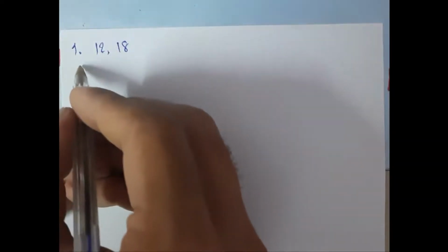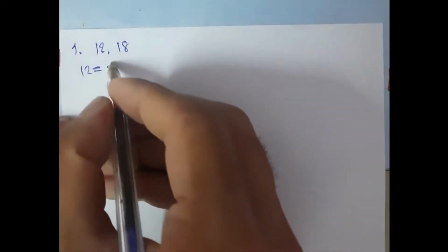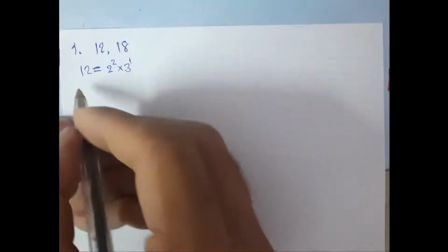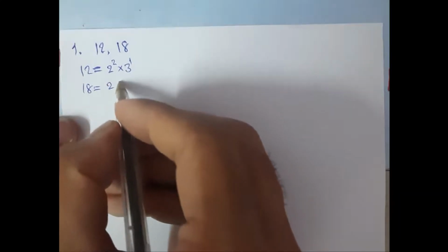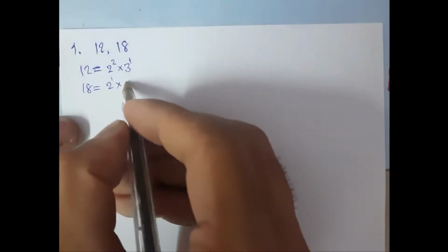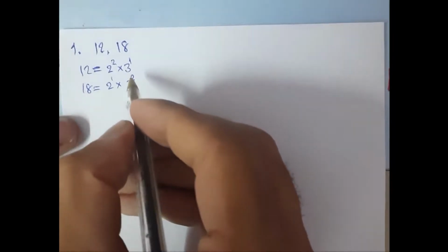We change these numbers to a product of prime numbers. 12 is equal to 2 to the power 2 times 3. 18 is equal to 2 power 1 times 3 power 2.